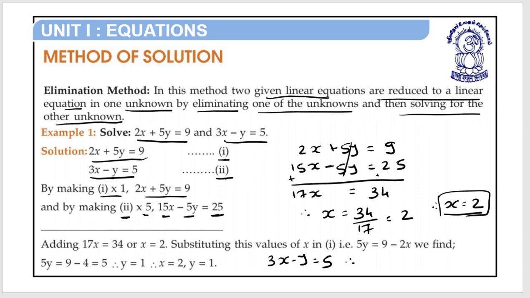So 3 into 2, 3 2s are 6, minus y is equal to 5. So 6 minus 5 is equal to y. So we get y is equal to 1. X is equal to 2 and y is equal to 1. So the answer is x is equal to 2 and y is equal to 1.